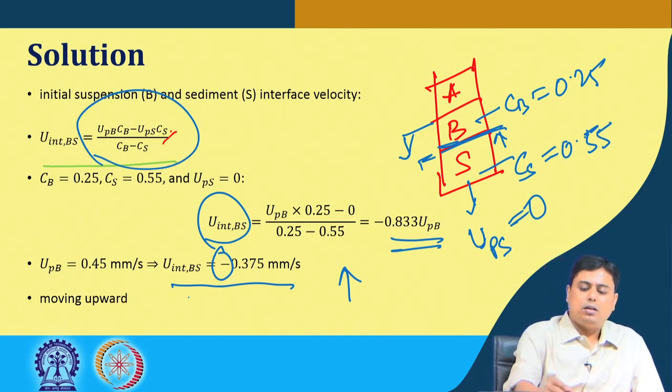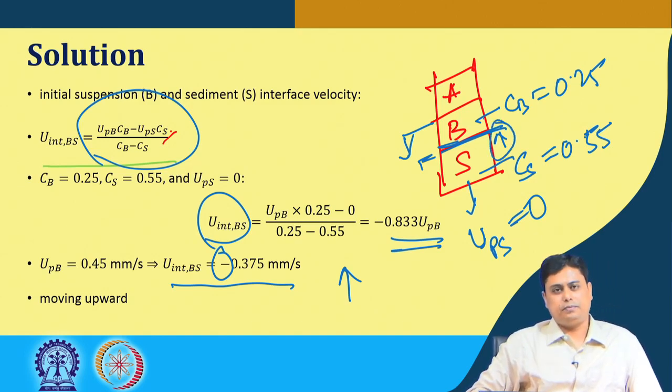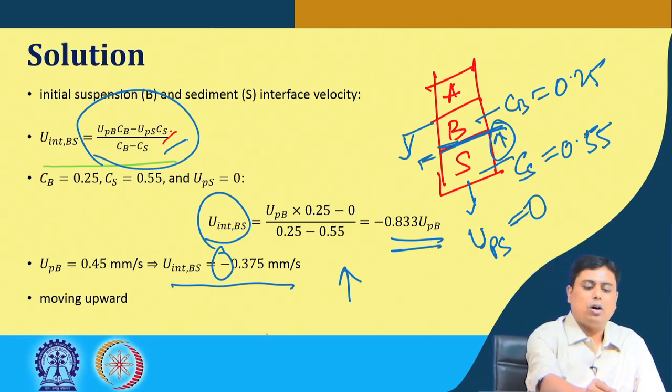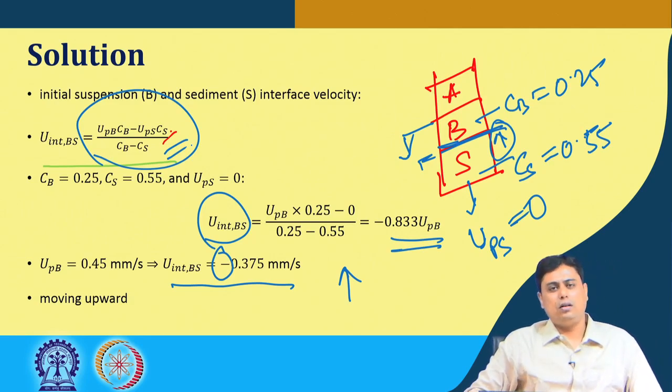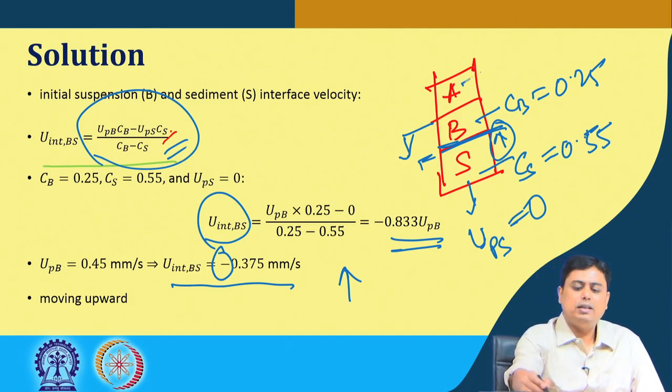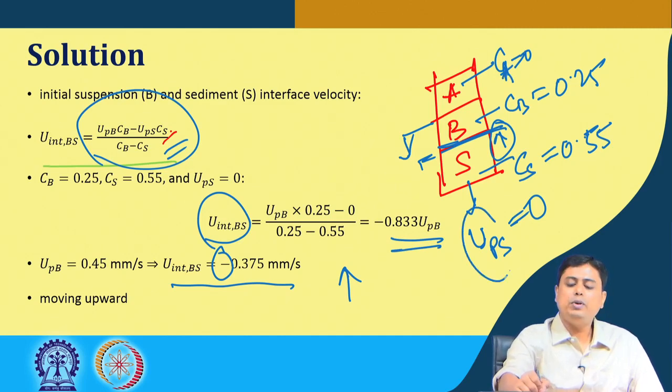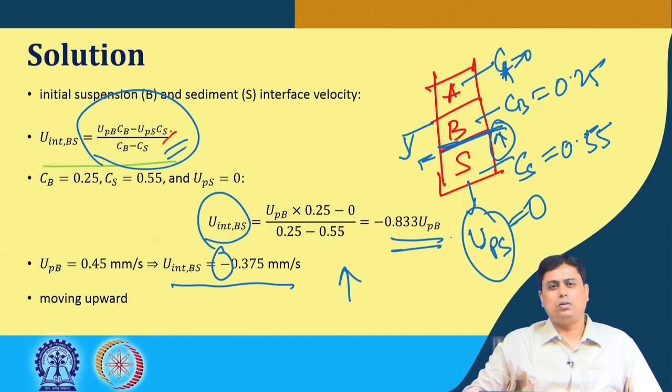So which means we have the answer for this part as well. So I hope this problem is clear to you, the utilization of this interface settling rate expression, and this concept that this is always CA at 0. Here UPS is equal to 0.